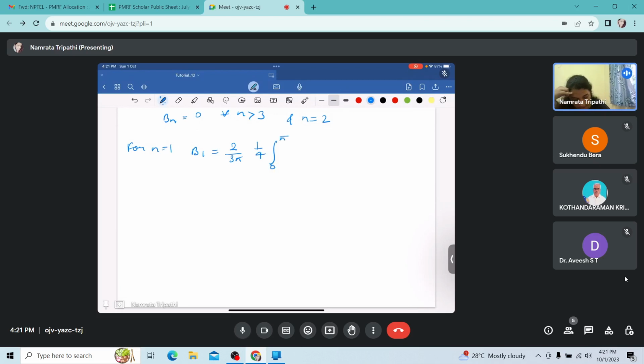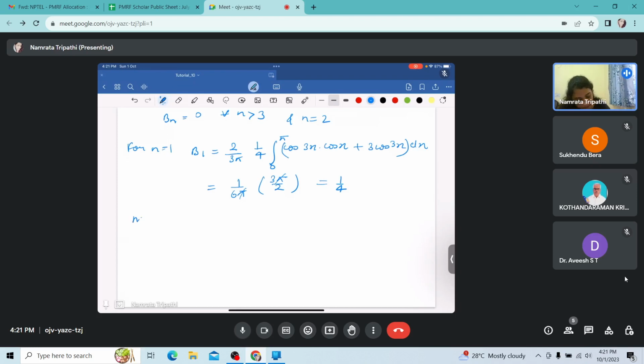You can put n equals 1, cos of x plus 3 cos cube of x dx. After integration you will get 1 upon 6 pi, and this will give 3 pi by 2. You can check. So 1 by 4.